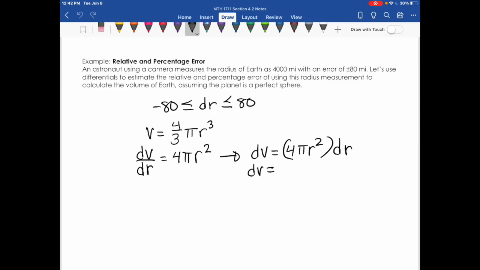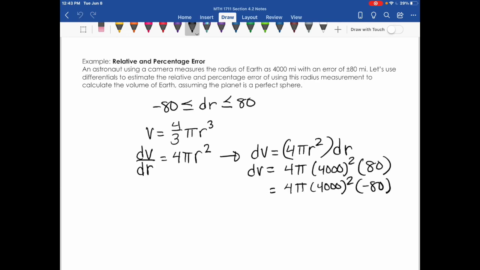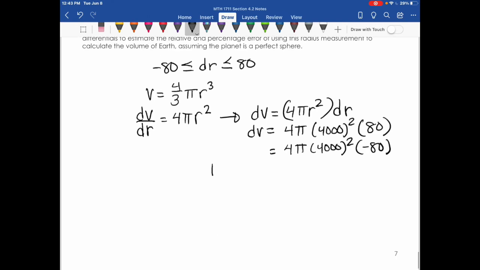Now, if we estimate that the radius of the Earth is 4,000, we're going to get 4 pi times 4,000 squared times our error, which would be 80 if we overestimate. If I underestimate, I'm going to have 4 pi times 4,000 squared times a negative 80.